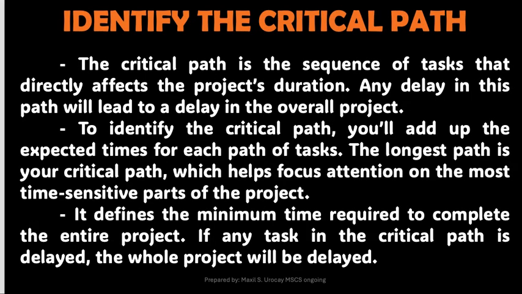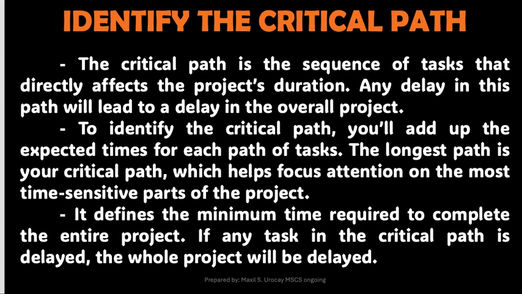Next, the critical path is the sequence of tasks that directly affects the project's duration. Any delay in this path will lead to a delay in the overall project. To identify the critical path, you add up the expected time for each path of tasks. The longest path is your critical path, which helps focus attention on the most time-sensitive parts of the project.